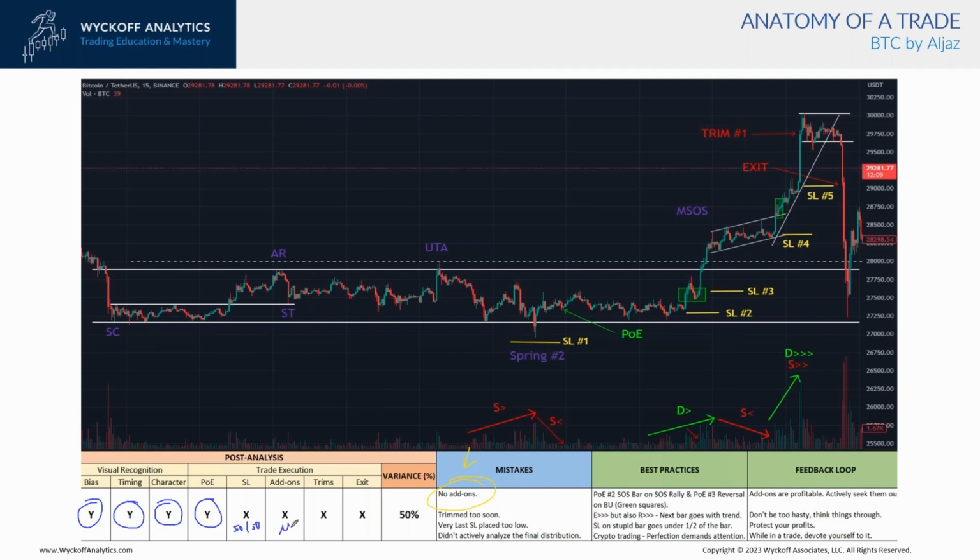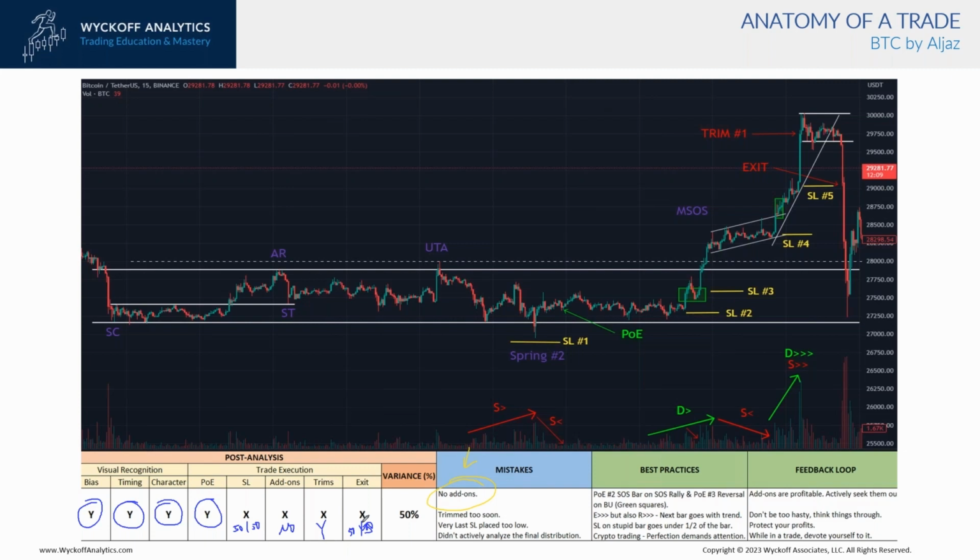No add-on, so right on that. The trims, I concur with what you said. And the exit was on the stop loss, so at least say 50-50. Yes, okay. But certainly a better score overall. So we're looking at 8 possibilities, and we've got 6 out of 8. So our score, at least my score, would be 75% rather than 50%.